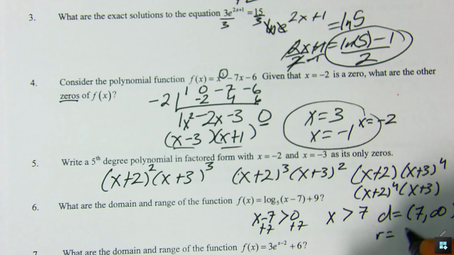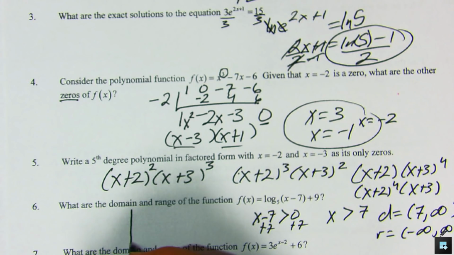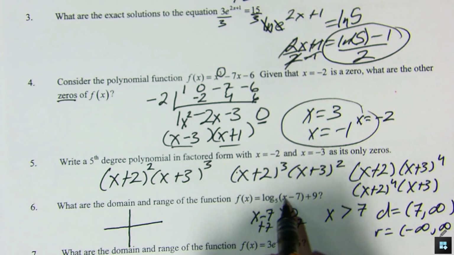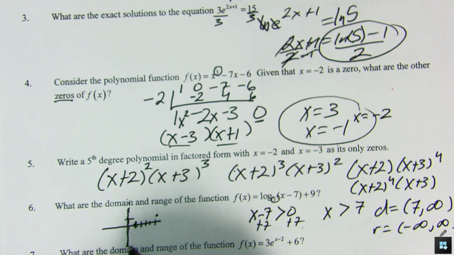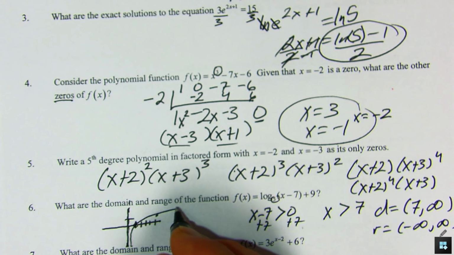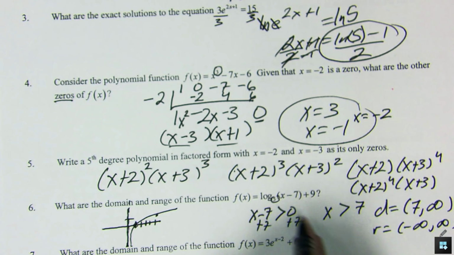On a log graph, there is no restriction to your range. It's just negative infinity to infinity. If you remember the graph of this, we always use the base comma 1, and 1 comma 0, and this vertical asymptote, so it looks like this. Then we need to shift it 7 to the right and up 9.